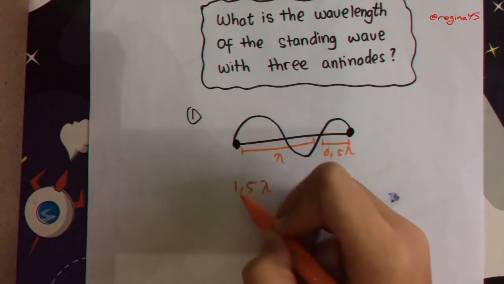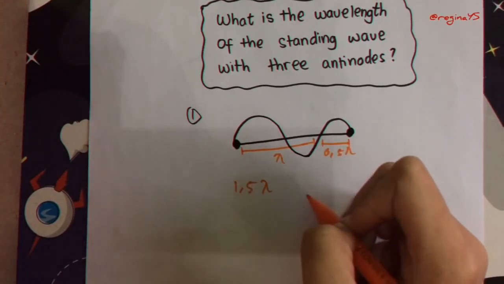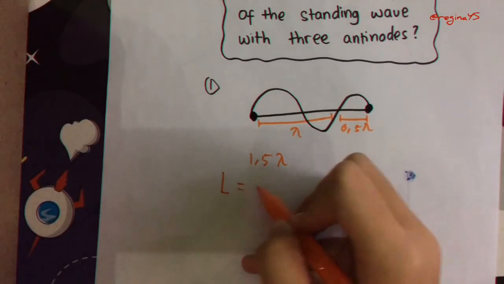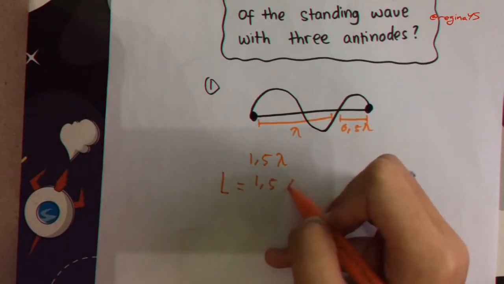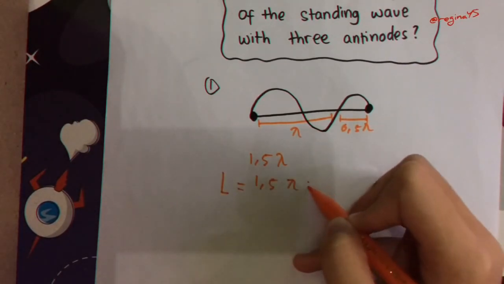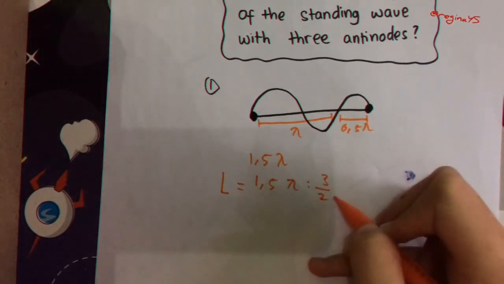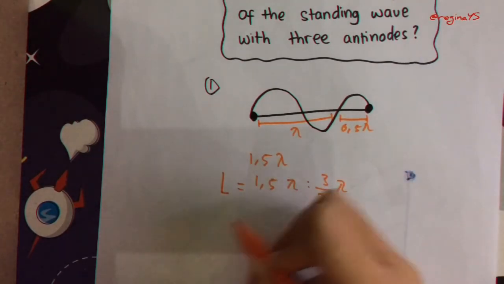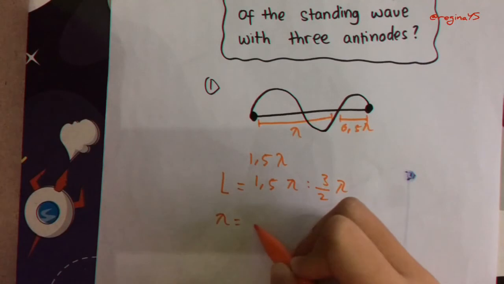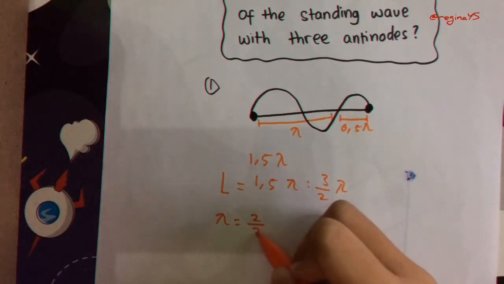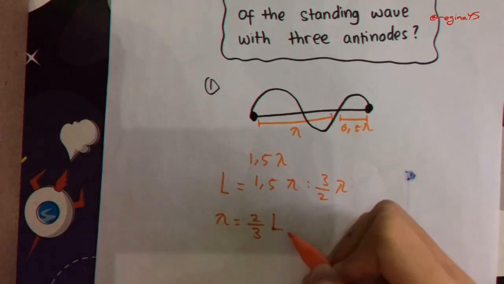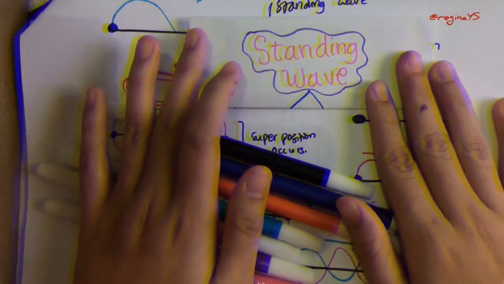So we can conclude that the length of the string is 1.5 lambda, or equal to 3/2 lambda. So we can find out that the wavelength is equal to 2/3 of the length of the string. So this is the answer.